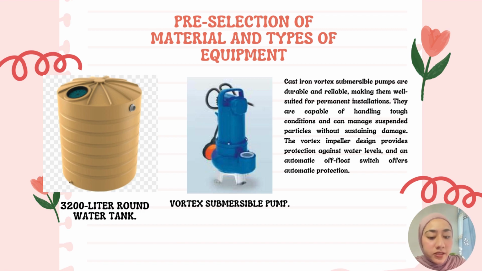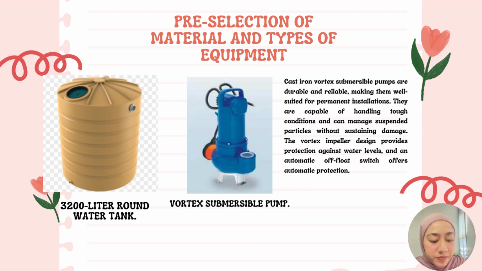Now, I will explain about the pre-selection of material and types of equipment. We use a 3,200 liter round water tank and a vortex submersible pump. Cast iron vortex submersible pumps are durable and reliable, making them well suited for permanent installation. They are capable of handling tough conditions and can manage suspended particles without sustaining damage.